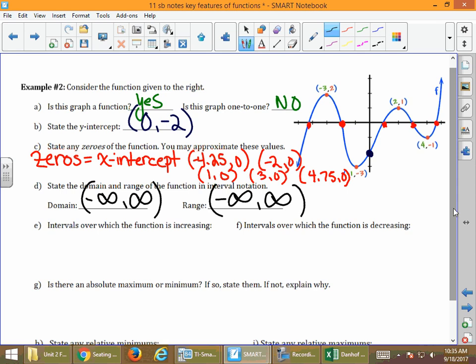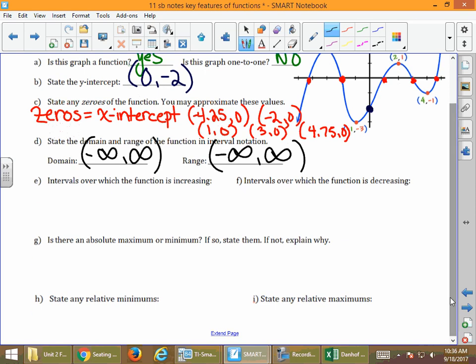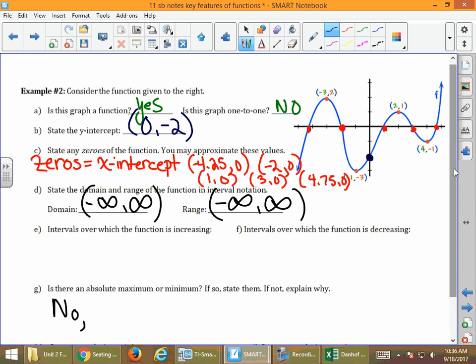Let's jump down to G and answer that question, which was, is there an absolute max or min? There isn't. How can we check? Michael?